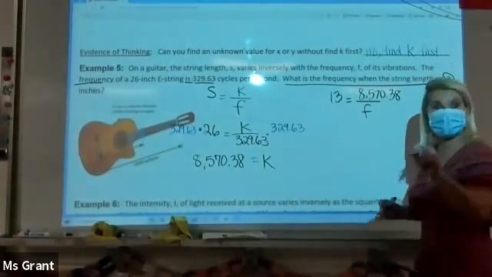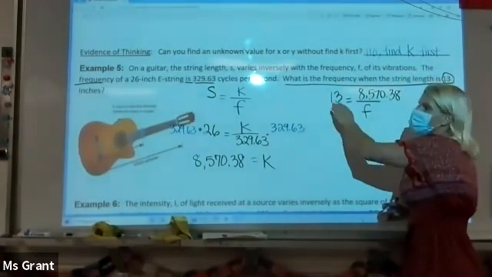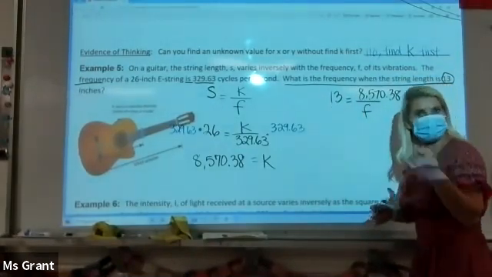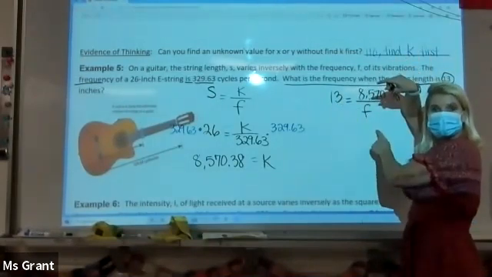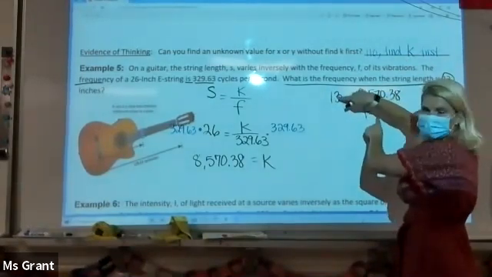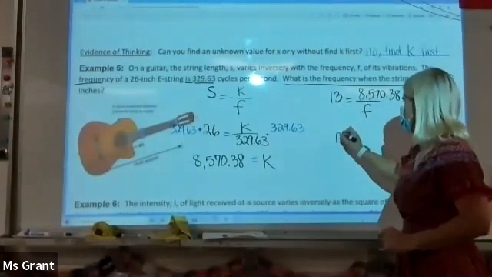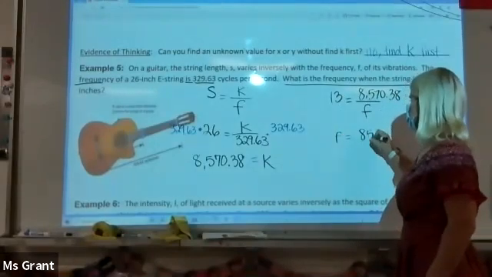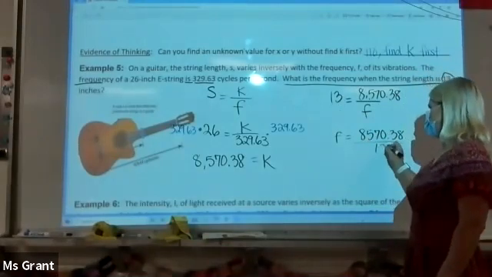Here's a trick. I do not want you to multiply both sides by F and then divide by 13. Here's the shortcut. When you're given a situation like this, when there's an unknown in the denominator, you are able to just flip, and we're going to divide by 13. Divided by 13.